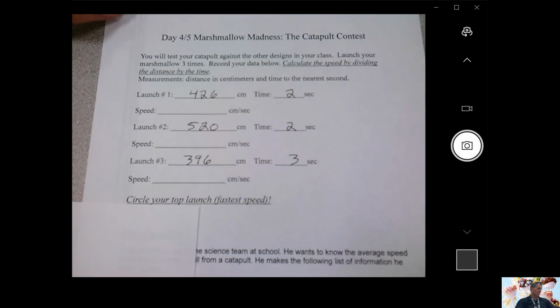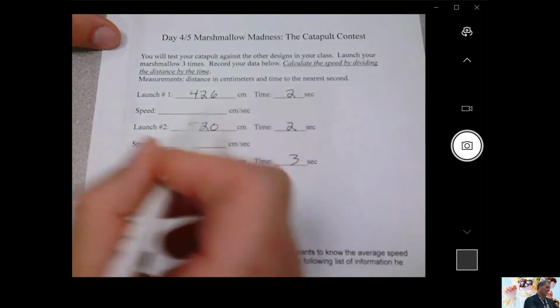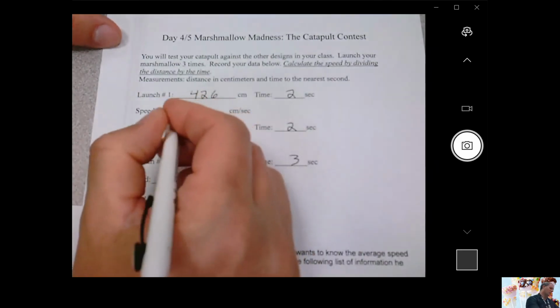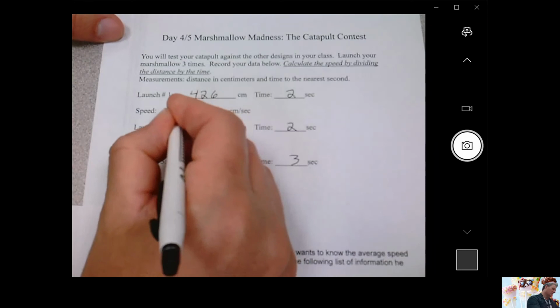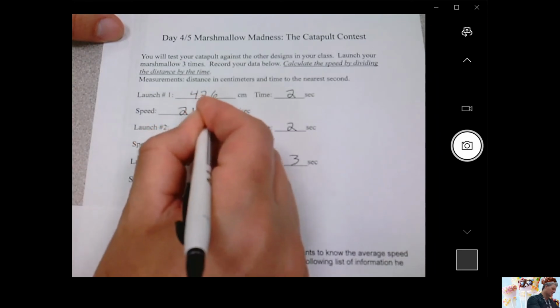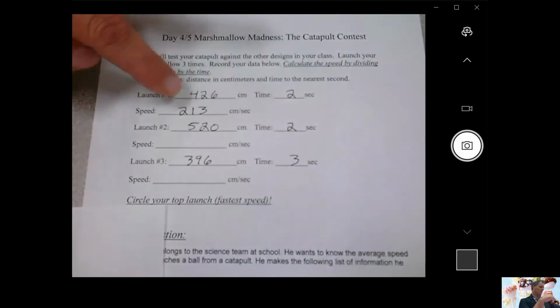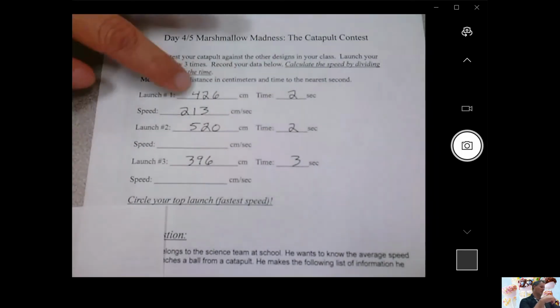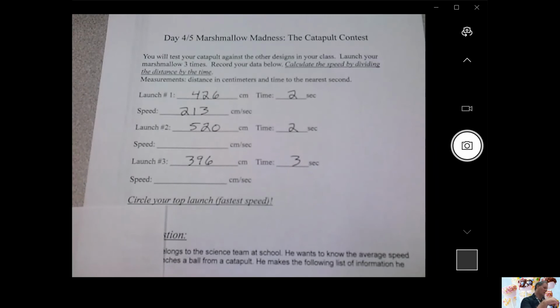The cool thing about this one is you can do a little mental math here and know that you can divide and get 213. You can check that by multiplying 2 times 213 to see if I get 426, which I do. So launch 1, the speed was 213 centimeters per second. That means for every second the projectile, my marshmallow, was going 213 centimeters.